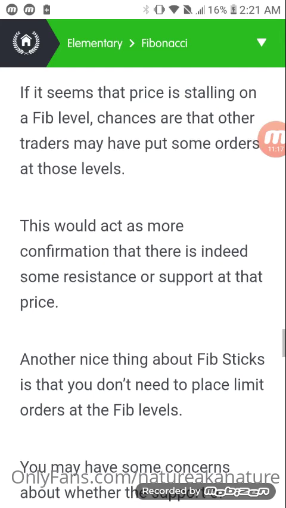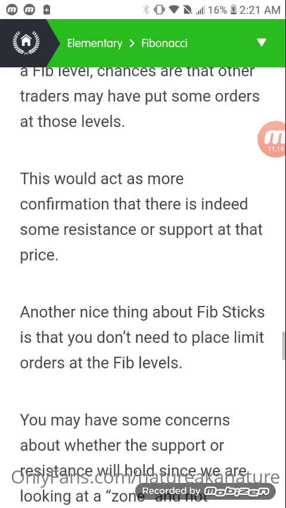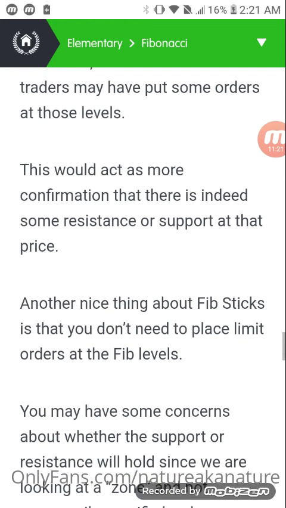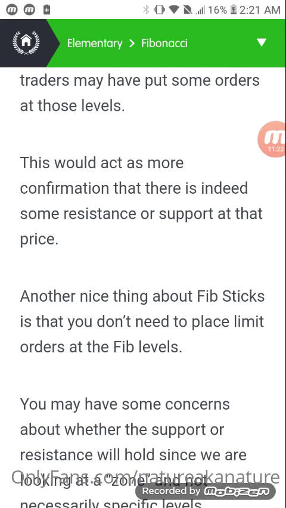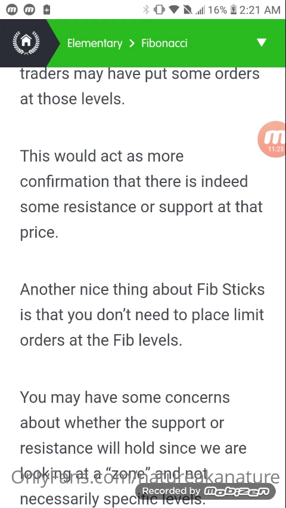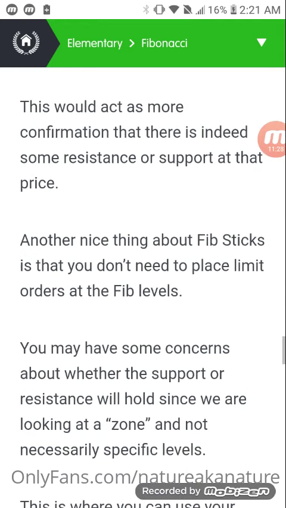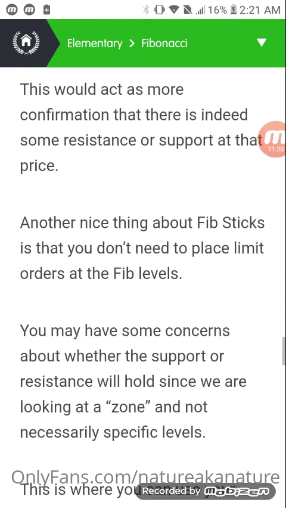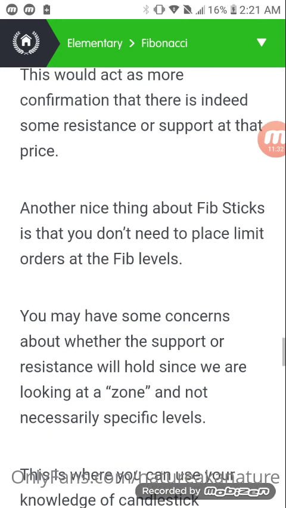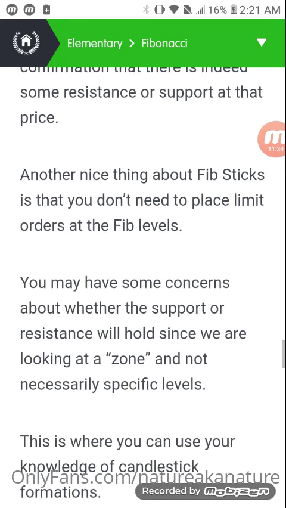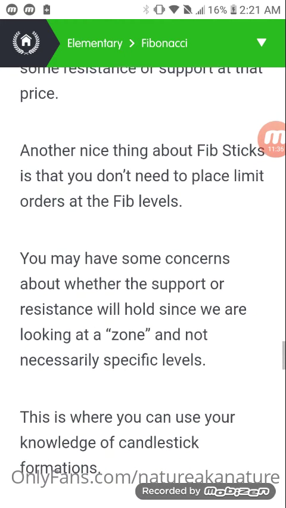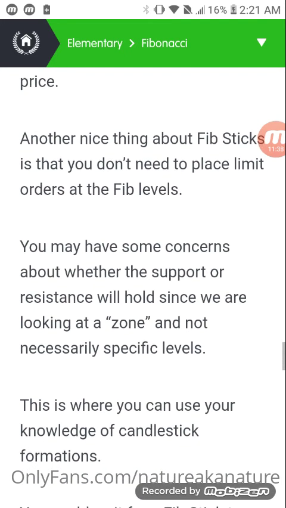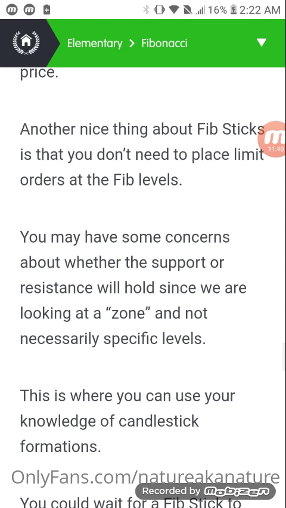Another thing the Fibonacci retracement candlesticks do is that you don't need to place limit orders at those Fibonacci levels. You may have some concern about whether the support or resistance will hold, since we are not looking at zones or specific levels.